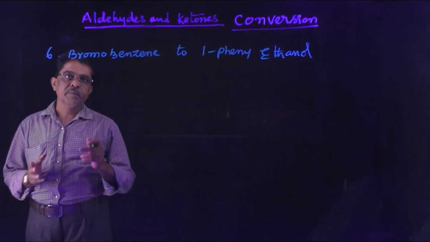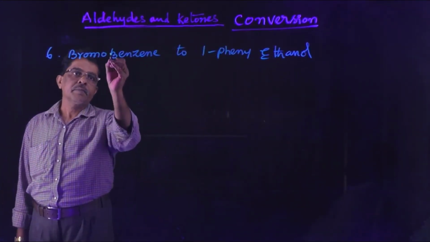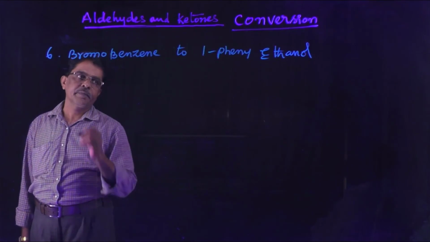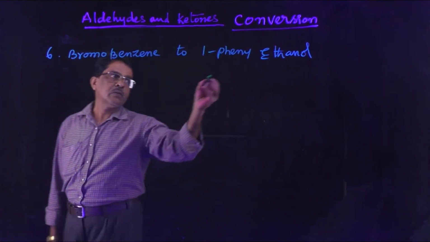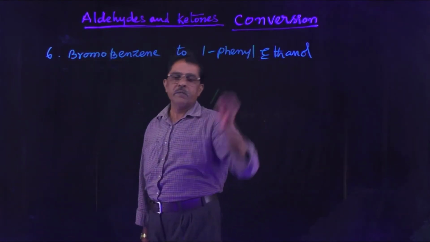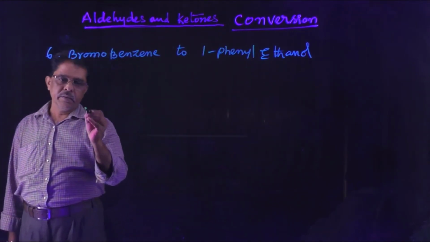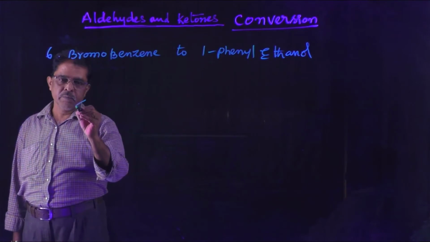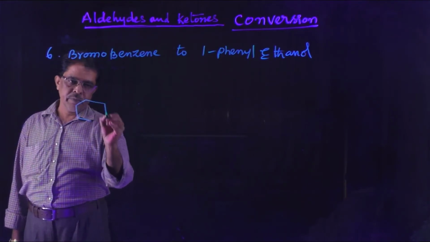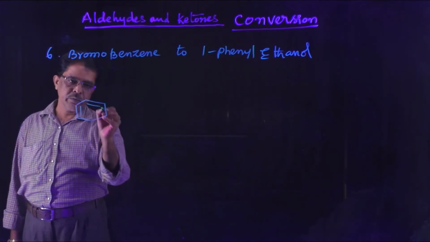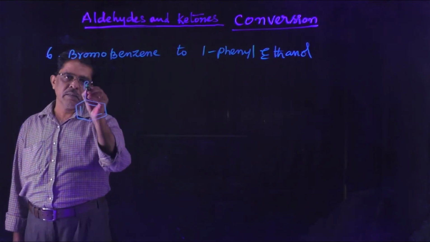Here in the sixth conversion, bromobenzene to 1-phenyl ethanol. We have to convert it. So you know the bromobenzene formula: benzene ring with alternating three pi bonds with Br.